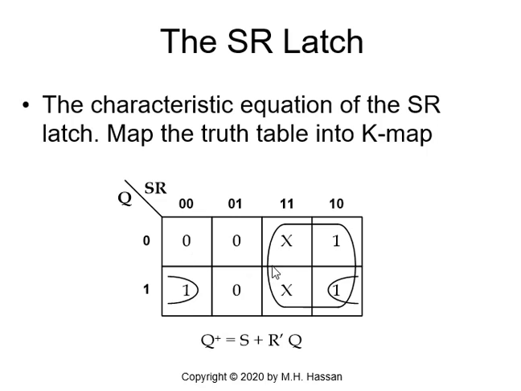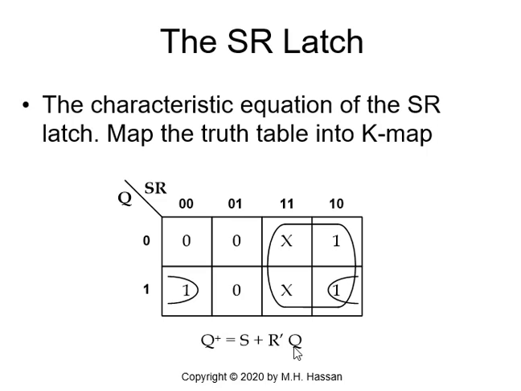We have 0, 1, 0, 0, 1, 1, and don't cares. We have a group of 4 and a group of 2, as a product term. So the group of 4 will cancel the 0 and the 1 for R, so I will get S. And the group of 2 will cancel on the vertical side, so we'll get S or R prime Q. This is what we call the characteristic equation of the SR latch.